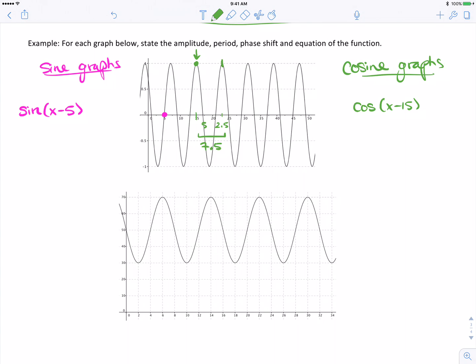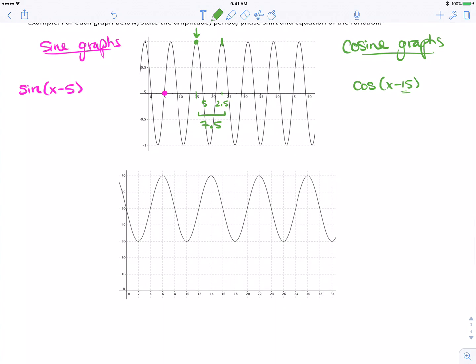Now, how I would want to look at doing that is for your period, it's 360 divided by, but in this case, it would be just that. So just focusing on these phase shifts here. Let's do one more. Think of it as a sine graph. Sine starts in the middle. Well, it looks like this is the middle. So let's say we start here.